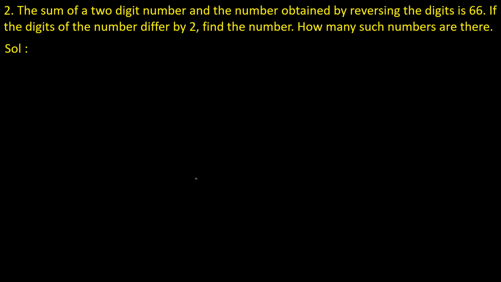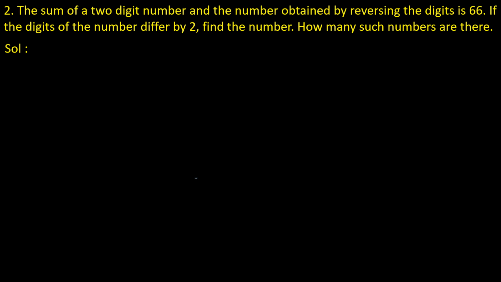So here it is given that we have a two-digit number, and if we reverse the digits of the number, we obtain one more number, and the sum of the two numbers is 66. And also given that the difference of the digits in that number is 2. So using these two hints, we have to find the number.